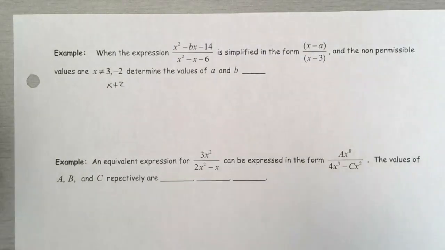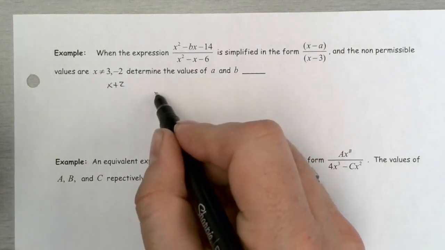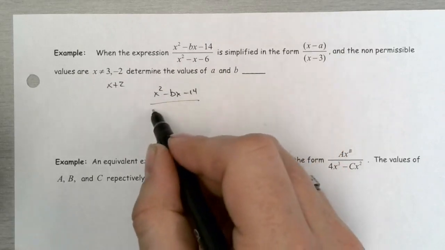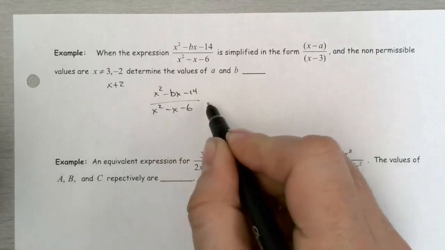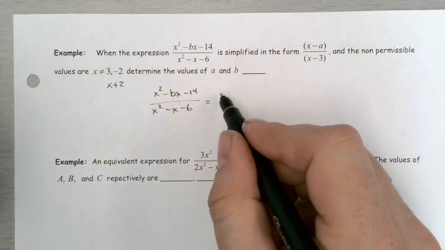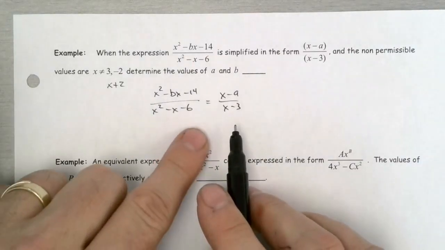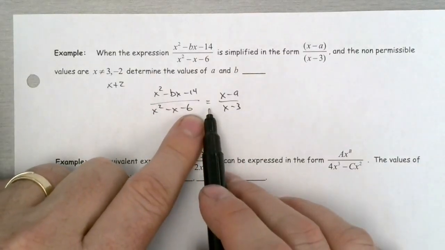So what I know is that x squared minus bx minus 14 over x squared minus x minus 6 is supposed to be equivalent to x minus a over x minus 3. They are not actually equal to each other, so I'm using actually the wrong symbol here.